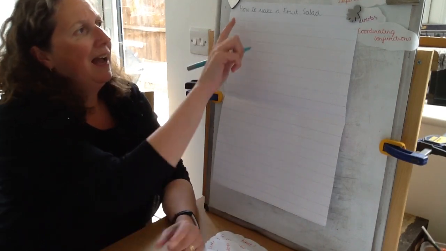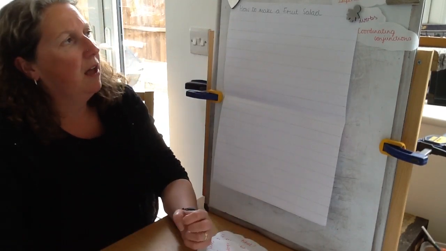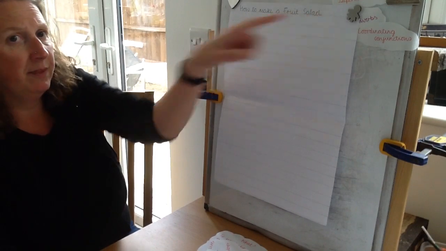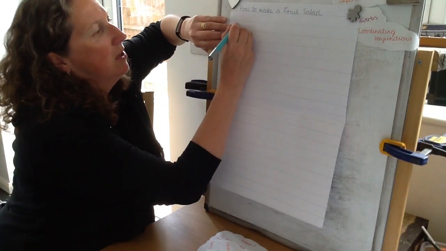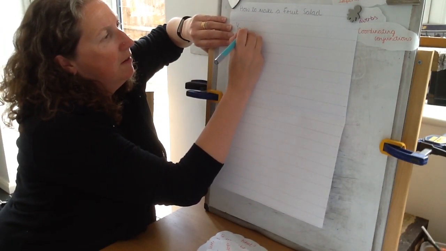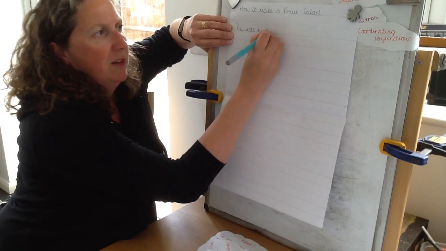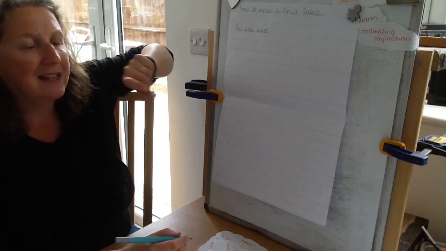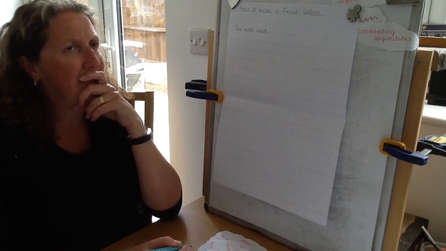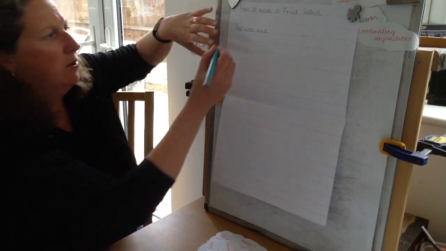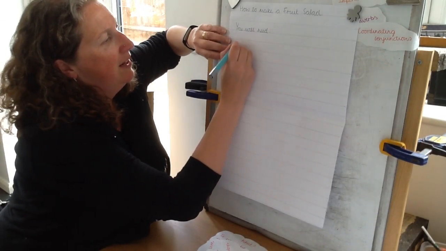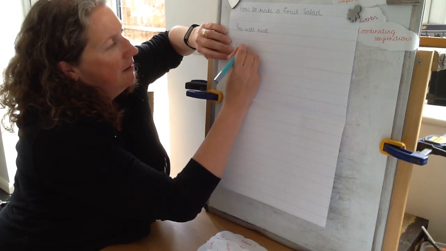So it might be How to Bake a Cake. Okay, and then I'm going to leave a line, and I'm going to write, You will need. And then I'm going to list everything that I need. So I've got to think back to what it was. I'm going to leave a line, and then I write it in here.